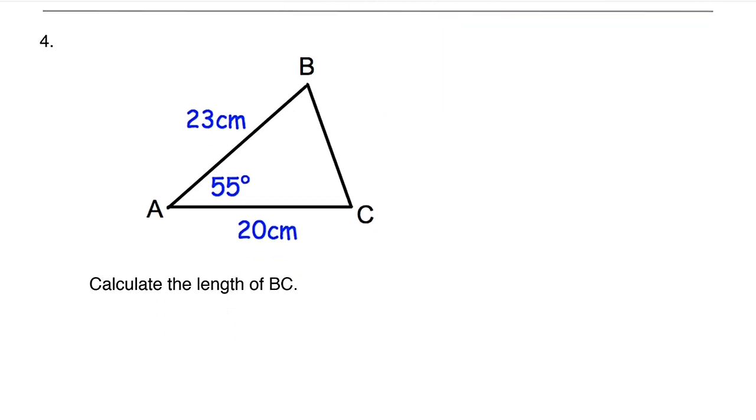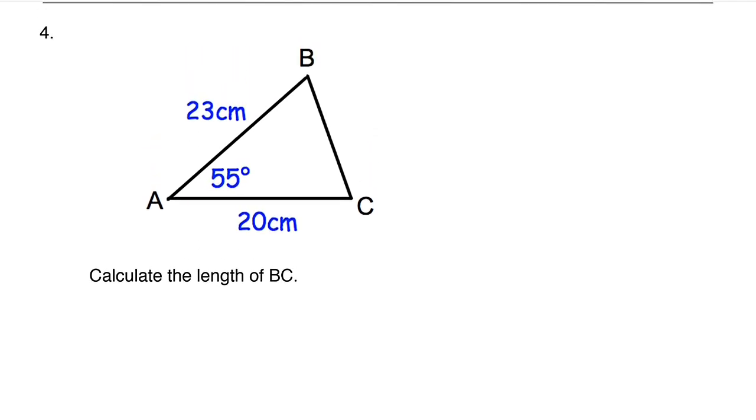Now let us move on to question number 4. We are asked to calculate the side length BC, which is this one. So this time around, you can see we have 2 sides and an included angle. Therefore, we have to use cosine rule.